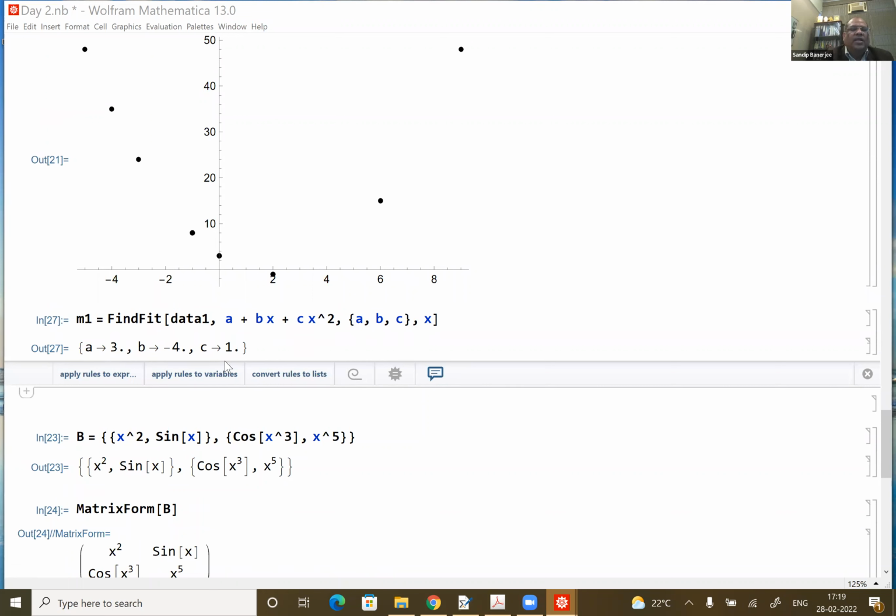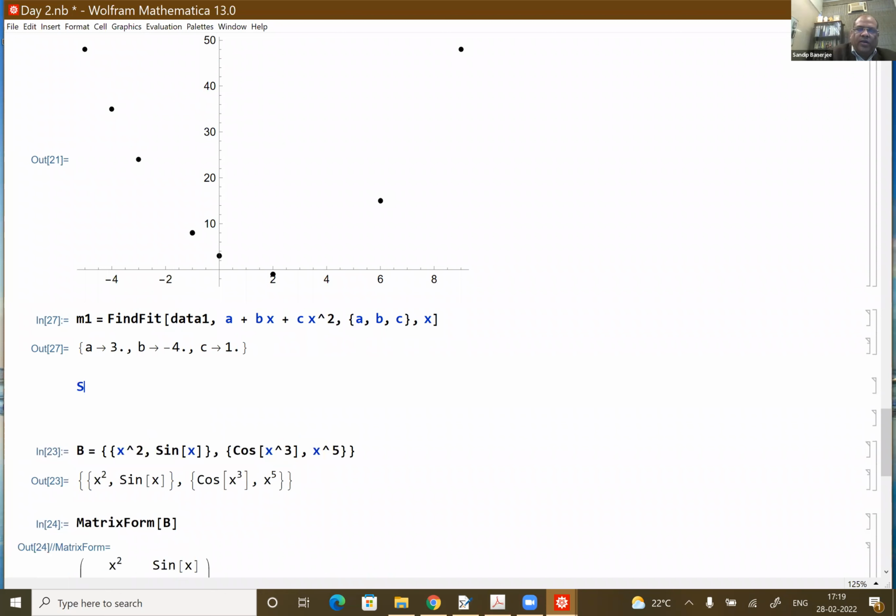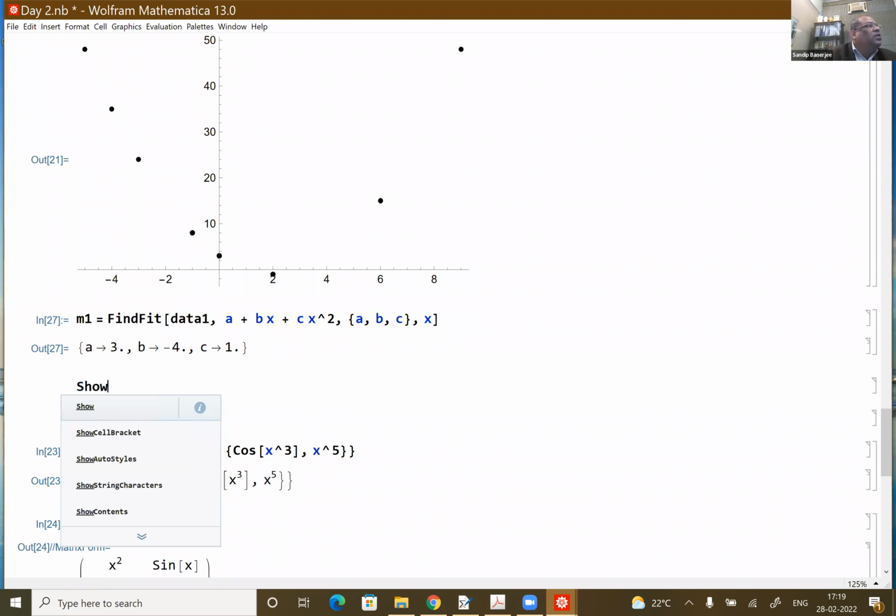The next step is you have to check how good your fit is.